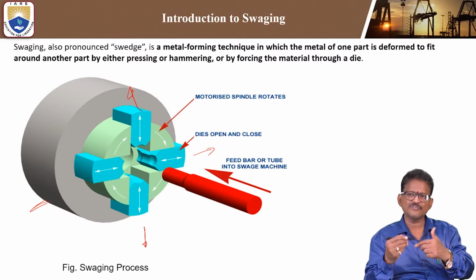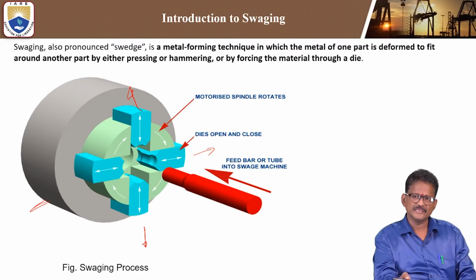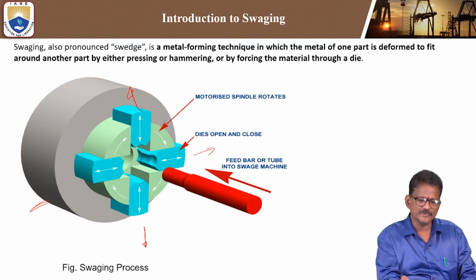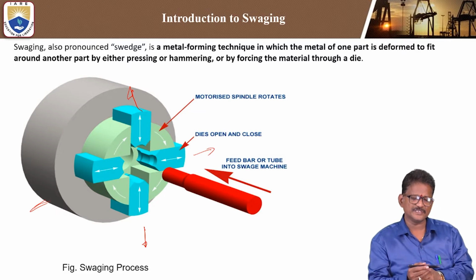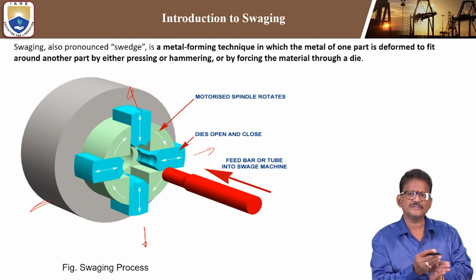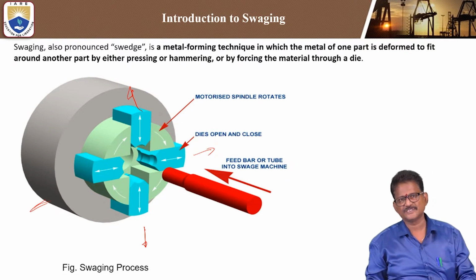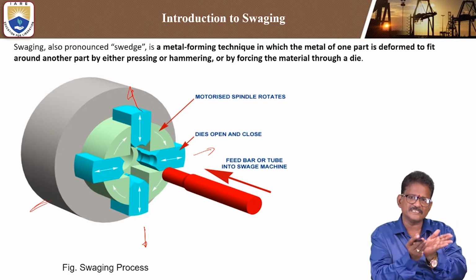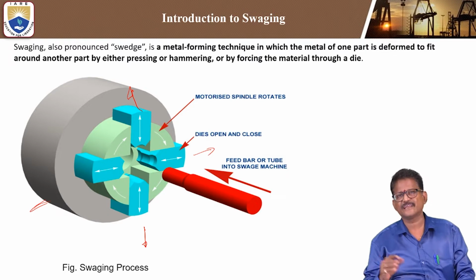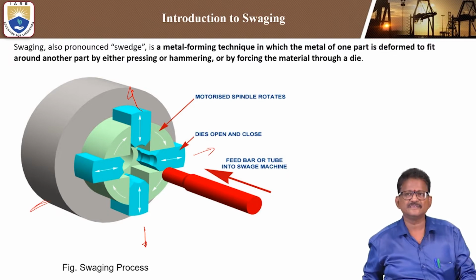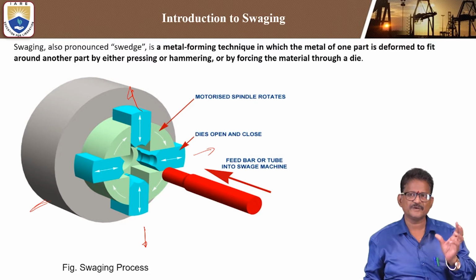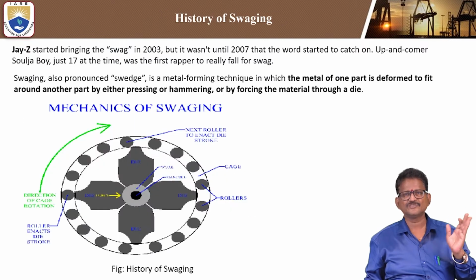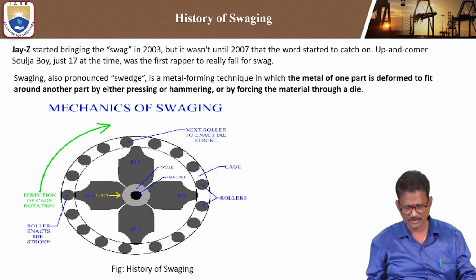While rotating, a bar or tube is fed into the swage machine and fixed in it, so that the shape or component is formed with the die form. Either pressing or hammering can be done easily, so the shape or size can be produced by the swaging operation. This is called metal swaging, or swedge.